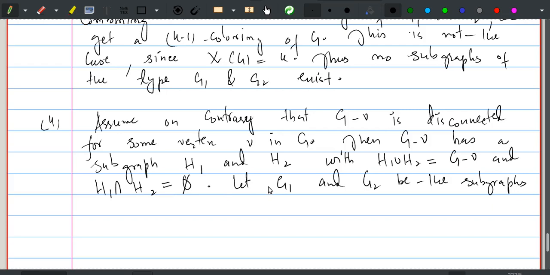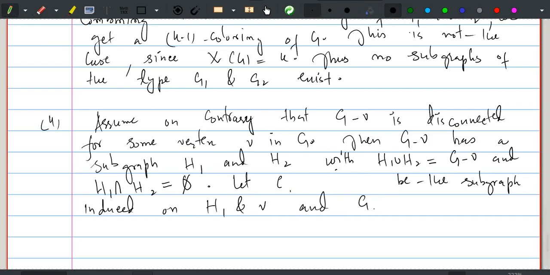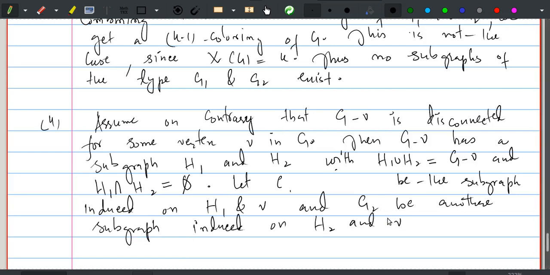So let G1 and G2 be the subgraphs induced on H1 and V, and on H2 and V respectively.